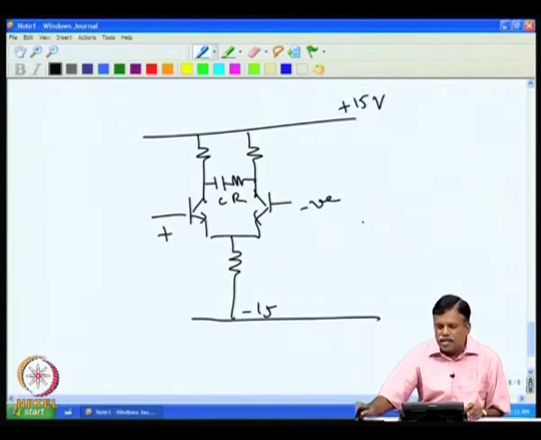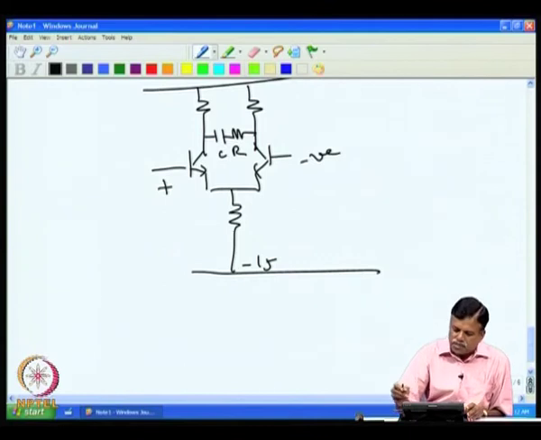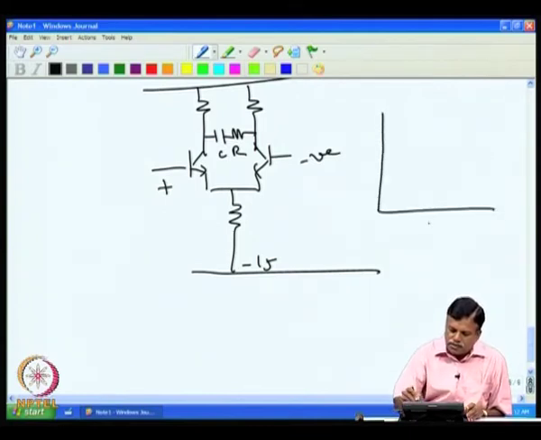So, RC is added such that you can shape the open loop frequency response, because the open loop frequency response, which is like this, as we had shown in the gain versus frequency curve, has multiple poles.